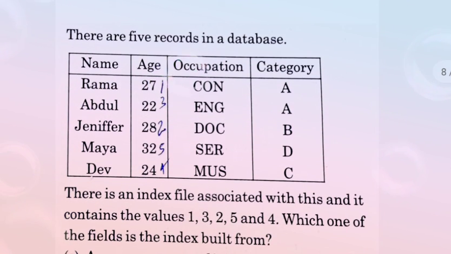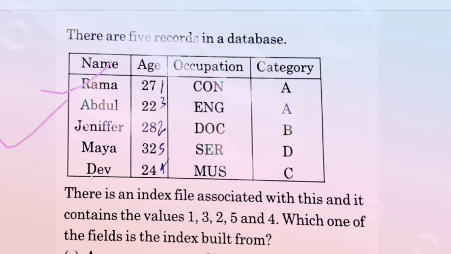Here a table is given with four columns: name, age, occupation and category. On the basis of the attributes, Ram, Rama, Abdul, Jennifer, Maya and Dev are all defined based on the given entities.